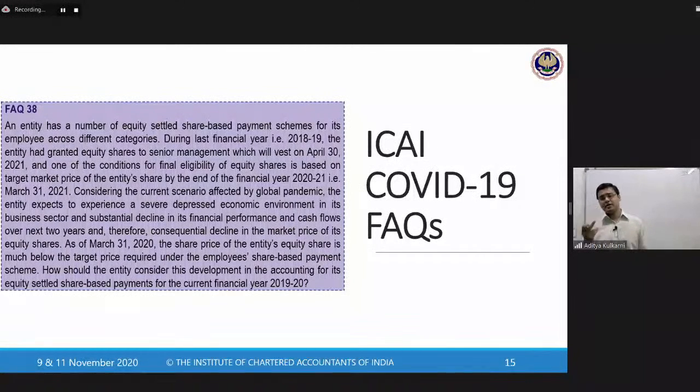But you may ask a question, sir, COVID-19 cannot be factored. COVID-19 cannot be factored because it is a very, very unexpected event. Sir, when did you give the options in 2018-19? In 2018-19, when I gave the options and I determined the fair value, I never thought even in the wildest of my dreams that something like COVID-19 will happen, because air travel always showed a growth.